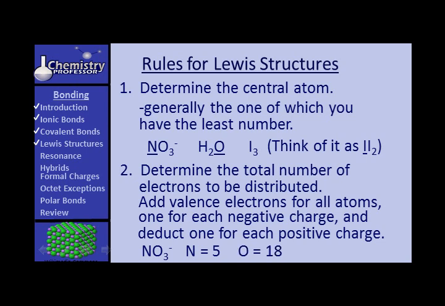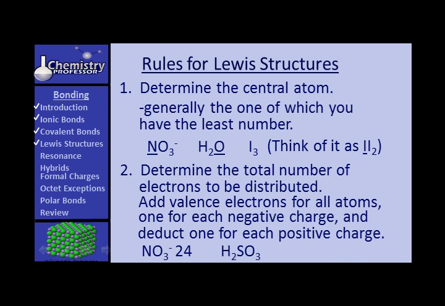So oxygen has a total of 18. Anything else we should consider? Yeah, there's a negative charge. So we've got to add 1 for the negative charge. So what do you come up with? Well, 18 and 5 is 23, and 1 is 24. Do you get 24? Sure. So 24 is the number of electrons then to be distributed for the nitrate polyatomic ion.